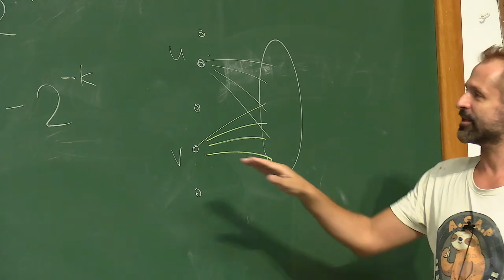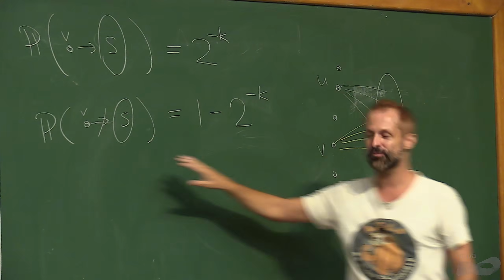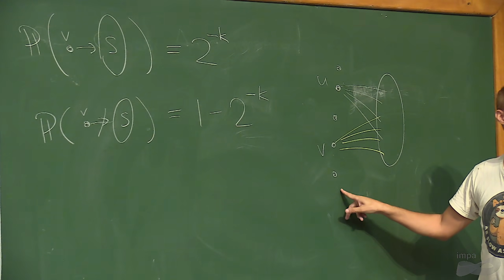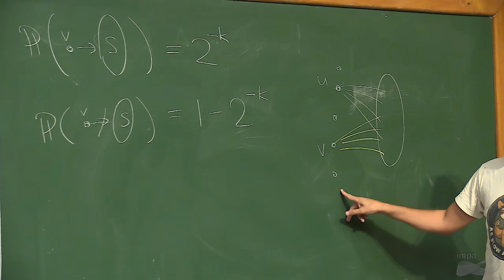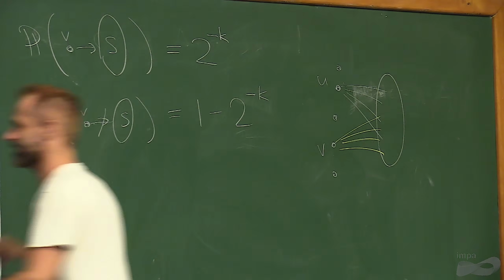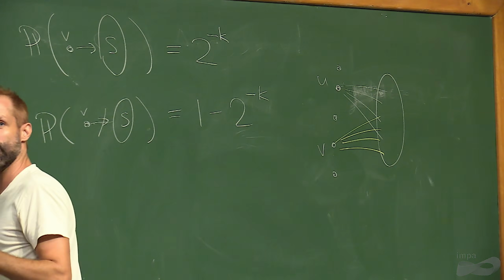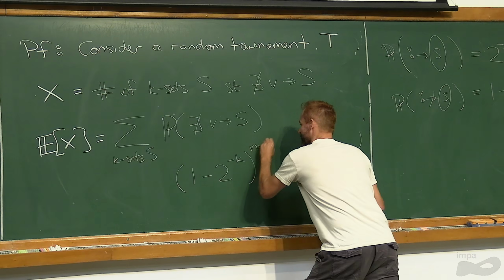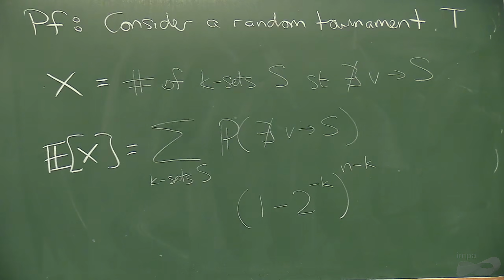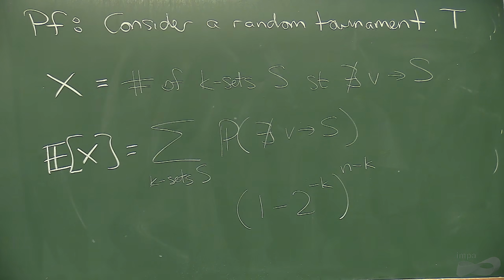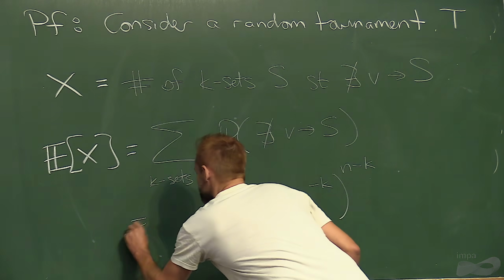So the probability that this happens for every vertex outside is what? Exactly. It's 1 minus 2 to the minus k, to the power n minus k. And how many k sets are there?